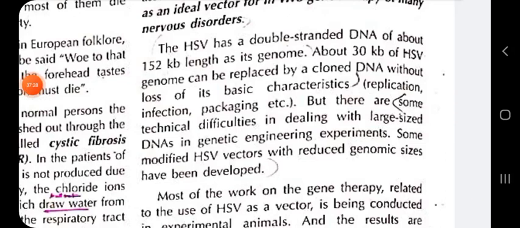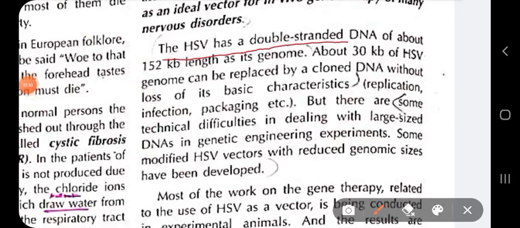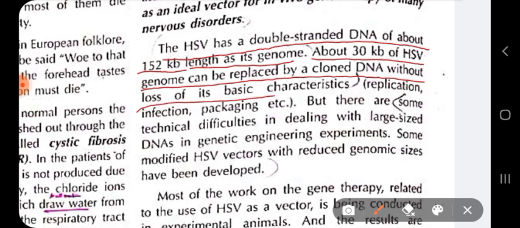Normally herpes simplex virus has a double stranded DNA of about 152 kb as its genome, so much huge. About 30 kb of herpes simplex virus genome can be replaced by a cloned DNA without the loss of its basic characteristics.